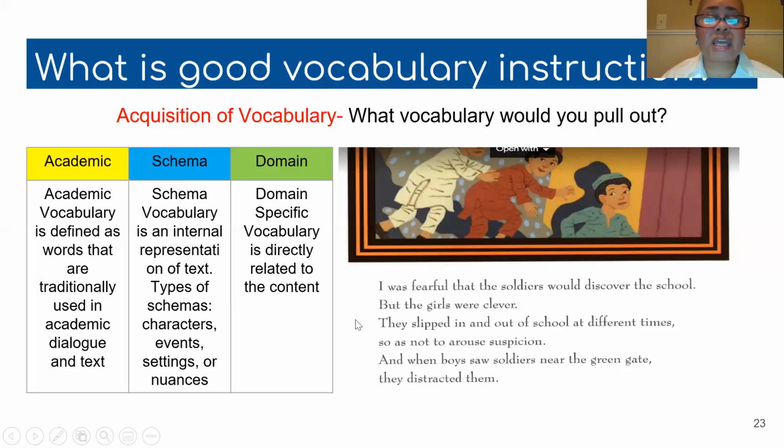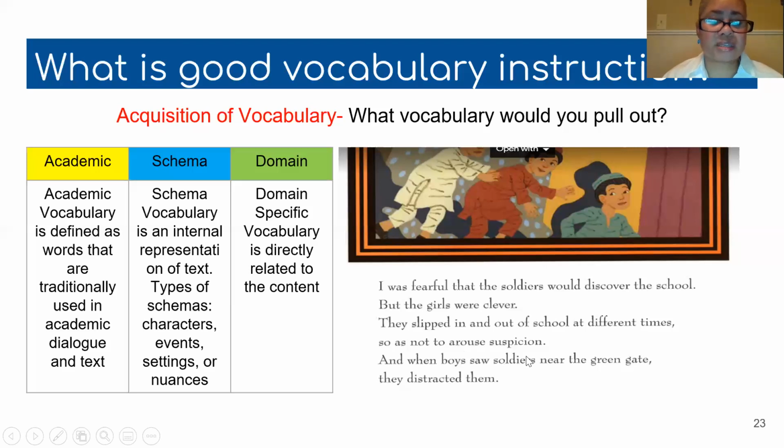Students could say, "I believe the word clever means to come up with different ideas of how to solve a problem." Here's the answer in the text: "They slipped in and out of school at different times, so as not to arouse suspicion." So that is vocabulary and context. And we can also use the six-step or seven-step for arouse and suspicion.